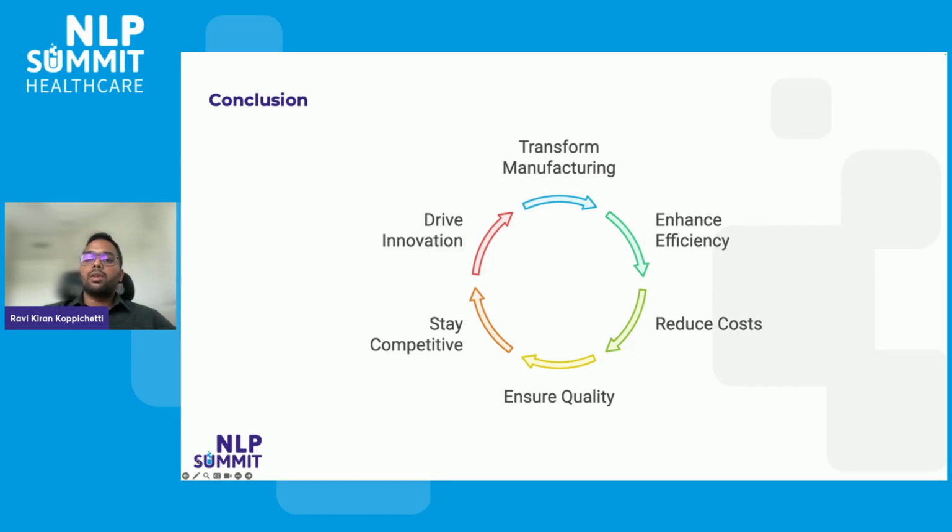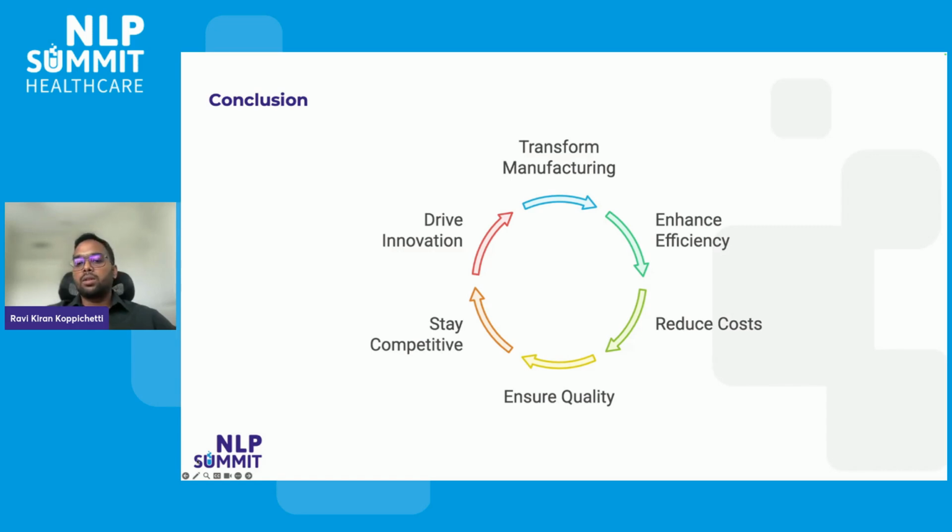The anomaly detection ensures that the deviations in the processes or the equipment are identified early, preventing the costly environment disruptions and maintaining the product quality. Conversely, the predictive maintenance enables manufacturers to anticipate equipment failures before they happen, reducing the downtime and also extending the lifespan of the critical assets.